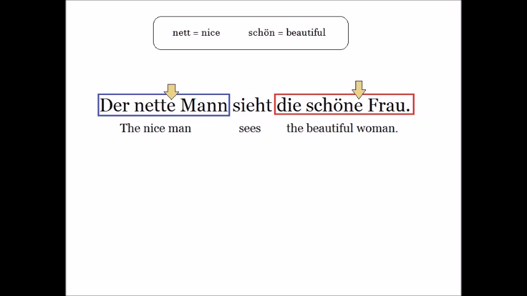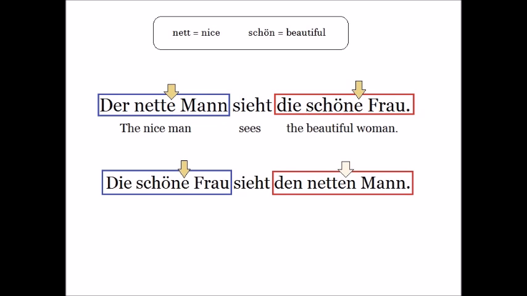So you see the adjective endings are both e. If it's the other way around, it looks different because there will be a male object. Die schöne Frau sieht den netten Mann. The beautiful woman sees the nice man. As you can see, the adjective ending with the object is now n.